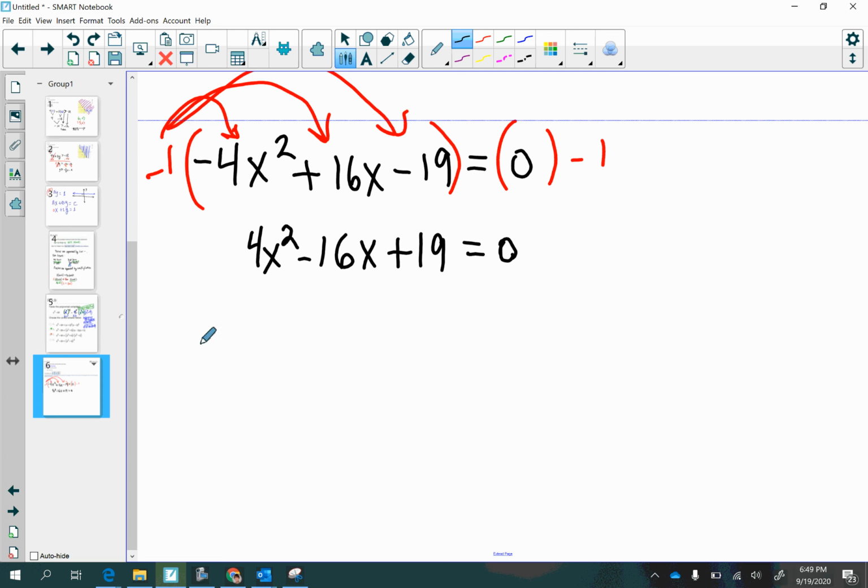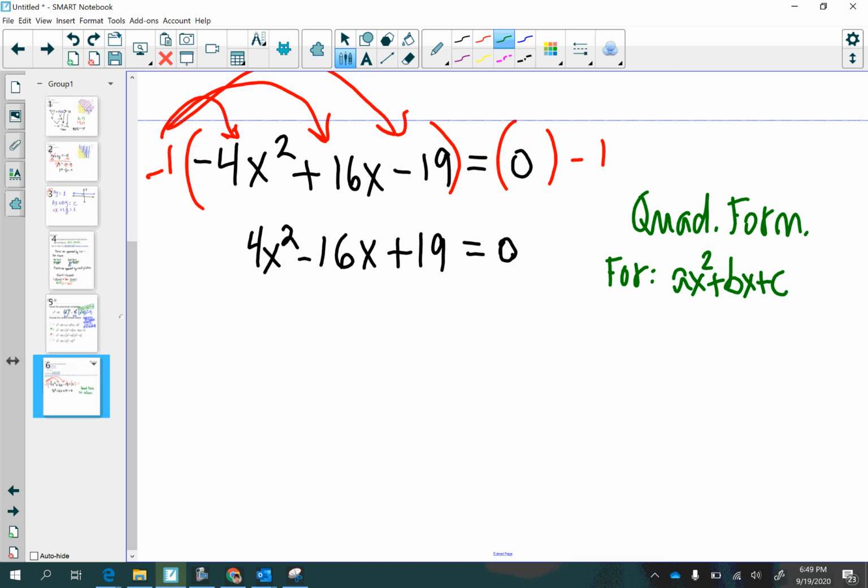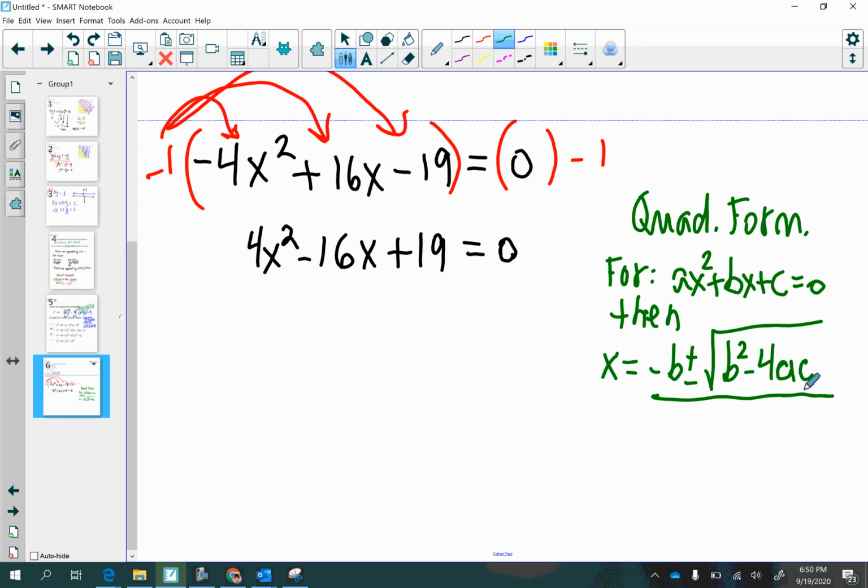So remember, the quadratic formula says, and this is only when you have this format of a quadratic, then you can find the solutions using -b plus or minus the square root of b squared minus 4ac, all over 2a.